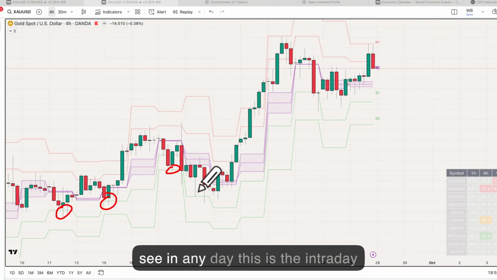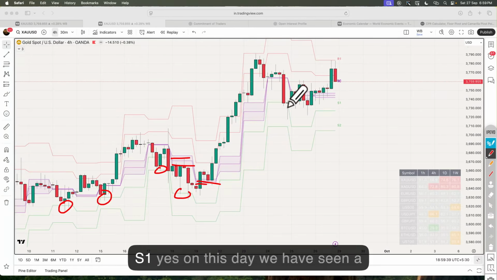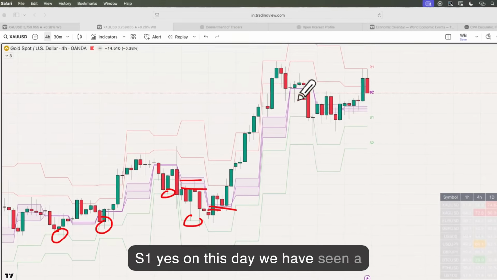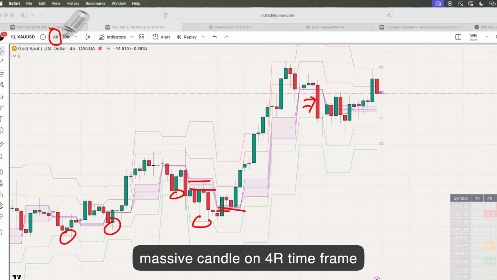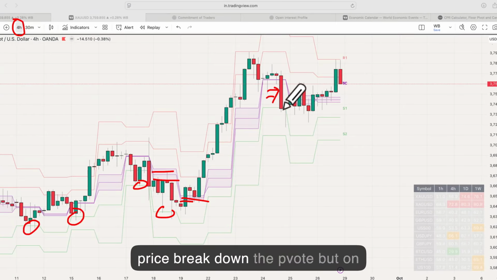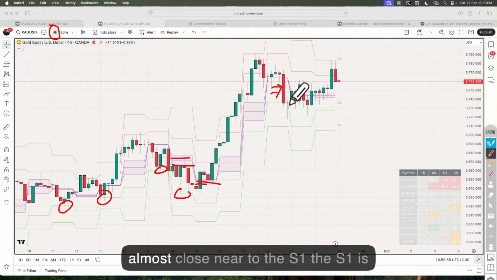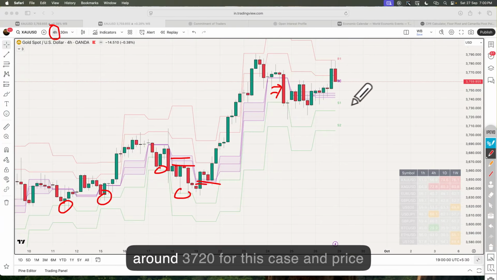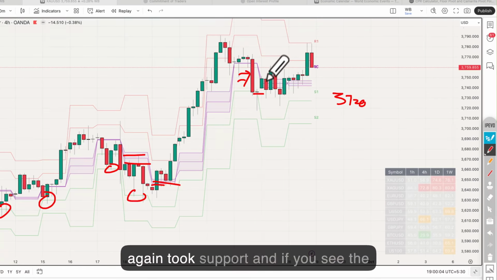On this day we saw a massive candle on the 4-hour time frame that broke down the pivot, but on the next candle price closed near S1. S1 is around 3720 in this case, and price again took support.